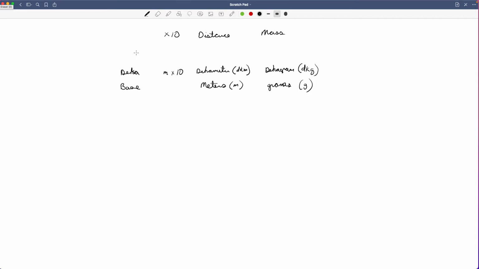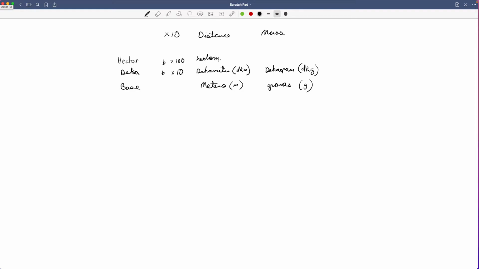So the next one up is hecto. Hecto is the base times 100, because we've gone up one place value. So instead of the tens place, we're in the hundreds place. And that is a hectometer here.